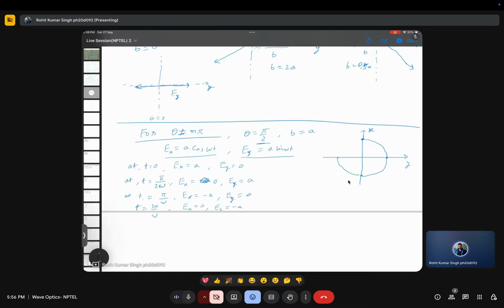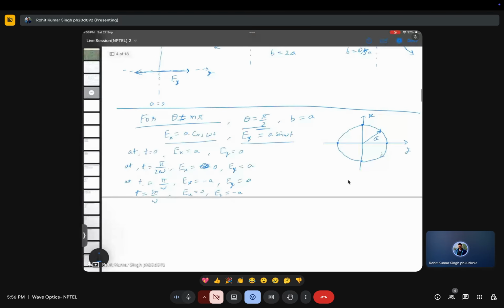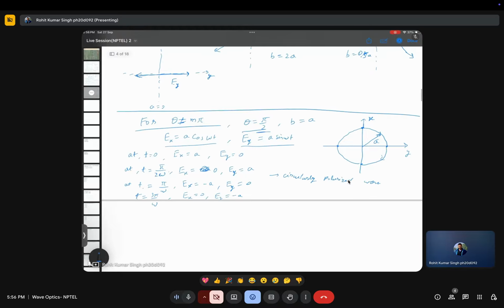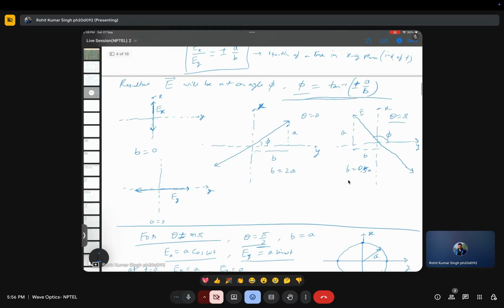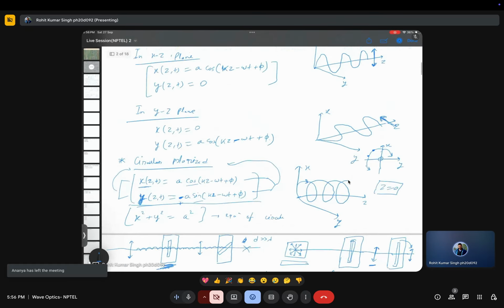And then at 2 pi you will go back here. So you are rotating in a circle of radius A. So for theta equal to pi by 2 you get a circularly polarized wave, like we saw in the case of waves on a string.